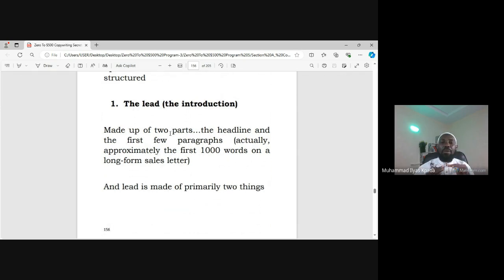In short form copies, it is around the first 100 words, including the headline. While in long form copies, it is your first 800 to 1,000 words. I'm going to show us some of the long form copies here. Some of them used to be up to 10,000 words.